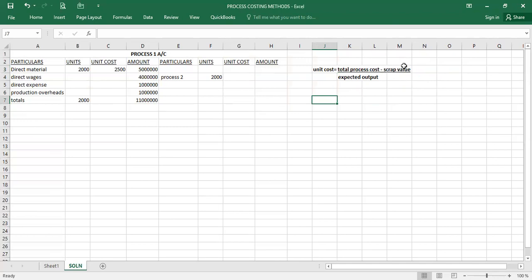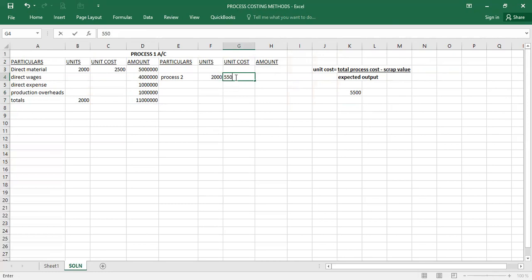But since we don't have the scrap value and all of the information, we shall just take this 11 million. It will be equal to this. We divide by the expected output. Since we're not given normal losses, we assume that what we put in came out. You can just divide by this. We get the answer. So it means that these units were sold at this cost.